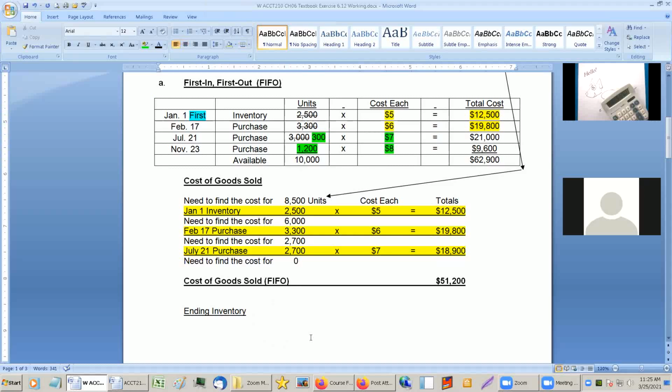Okay, so ending inventory. Hold on, let me get the spacing here.